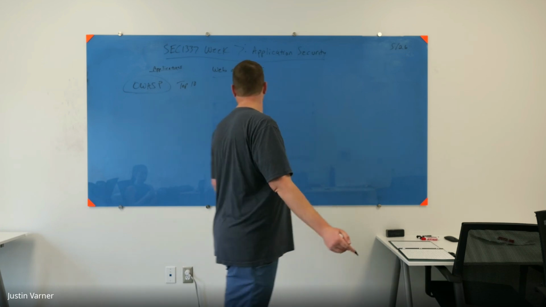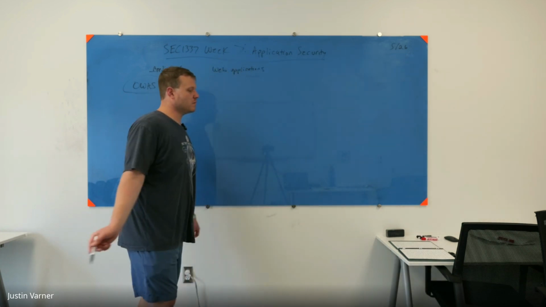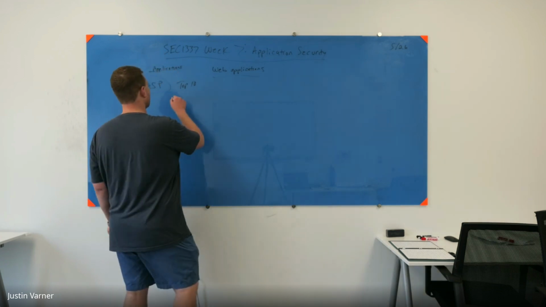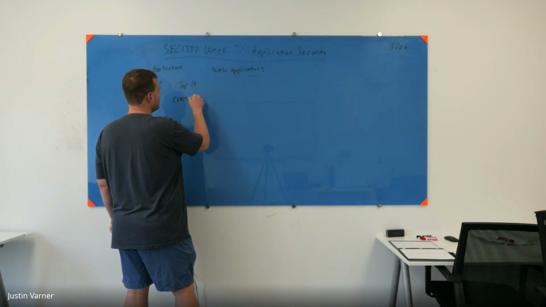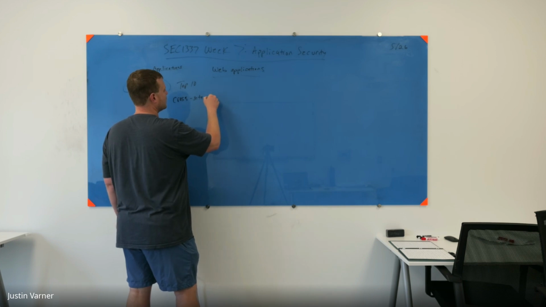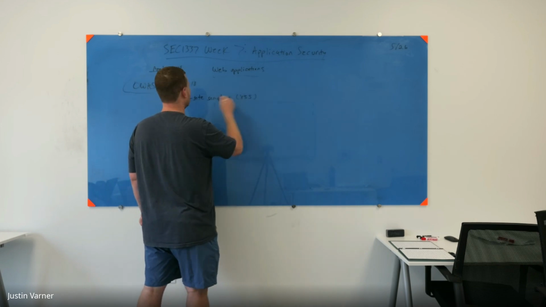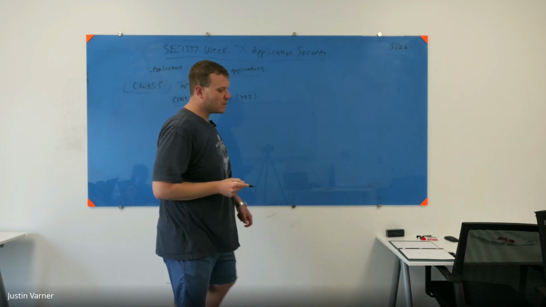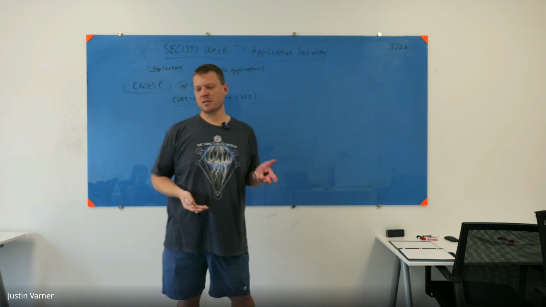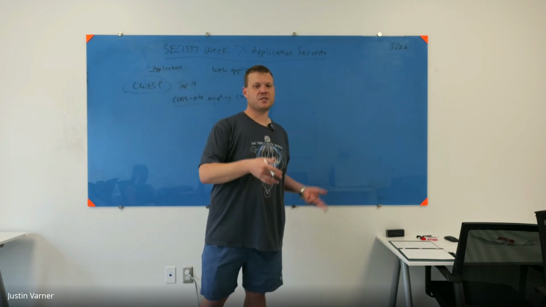Some of the more common vulnerabilities you'll see with web apps include cross-site scripting, which you might see abbreviated as XSS. This is an interesting kind of vulnerability where the client's browser will run code.